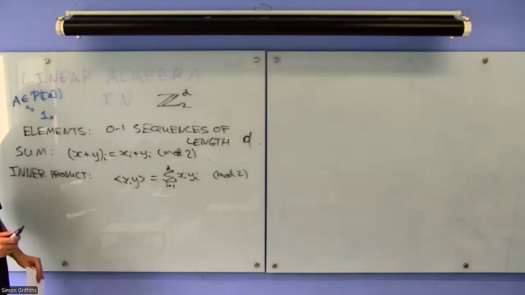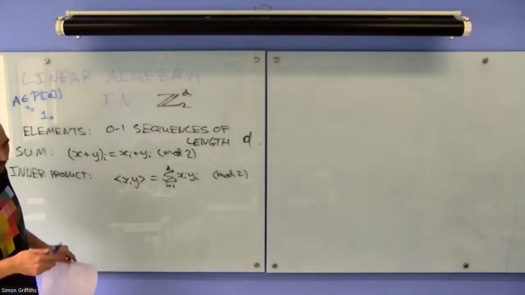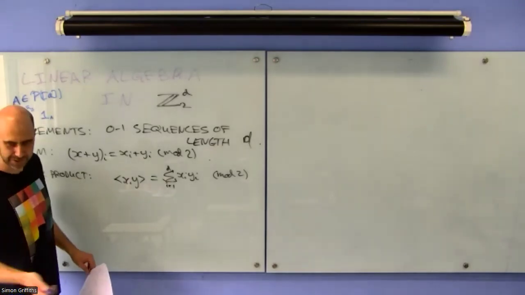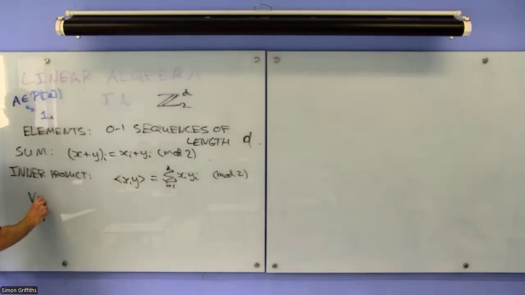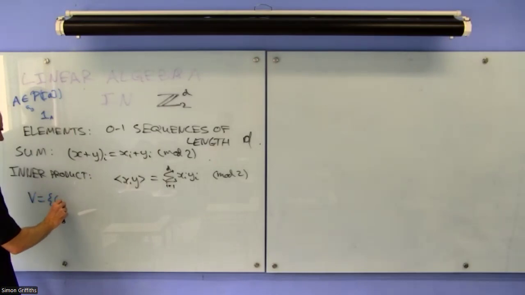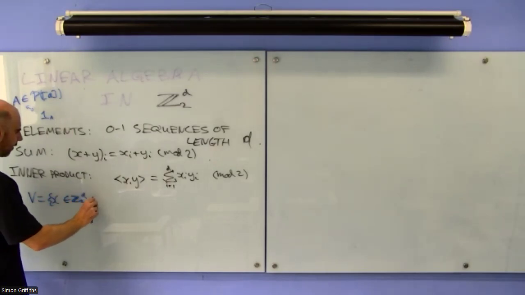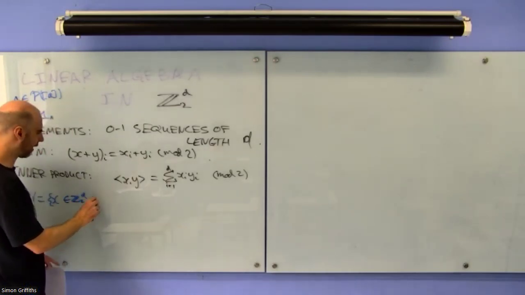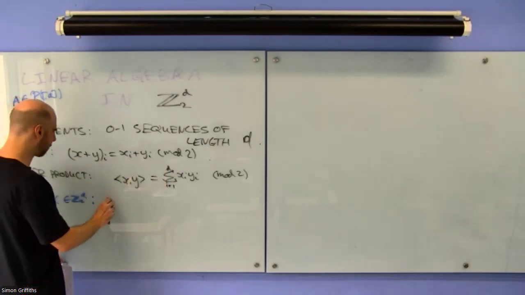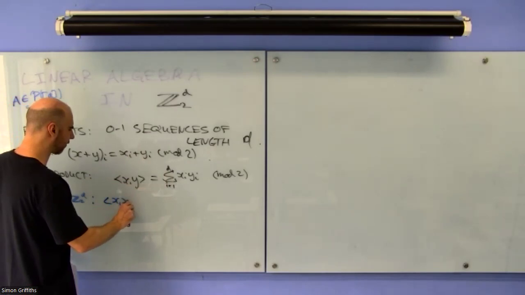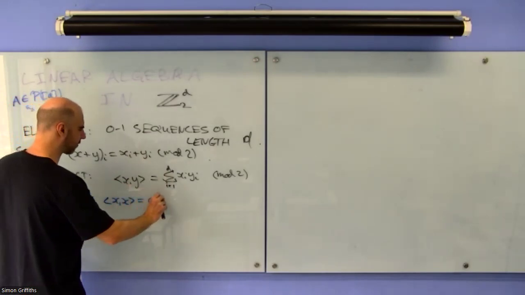One particular subset, in fact it's a subspace, of Z2 to D, which is very important for Conlon and Ferber, is the set of x in Z2 to D such that, now that the inner product is modulo 2, the inner product with itself is 0.